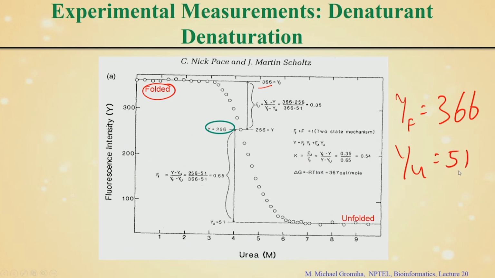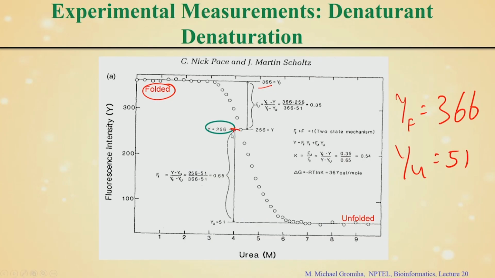Then using this graph for different concentrations and the fluorescence intensity values, it is possible to derive the value for delta G at any point. So, for example, if you take this point, in this case Y equal to 256, then what is the contribution from the folded state and what is the contribution from the unfolded state?